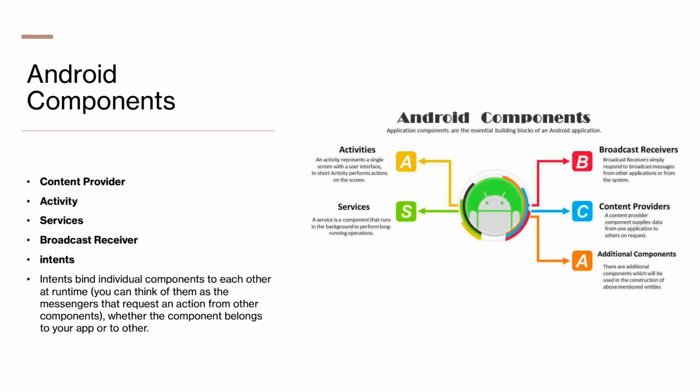Intent is like a messenger. Suppose app 1 needs data from app 2. With the help of intent we send a request to app 2, and app 2 will transfer the data to app 1 with the help of the content provider. This is how they work together.